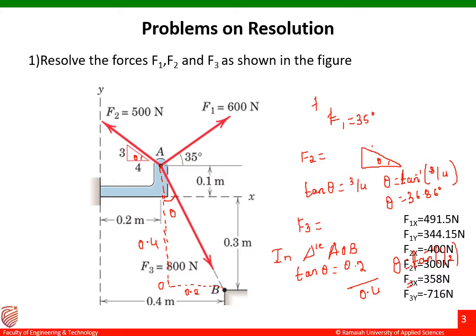You will get the answer for theta as 26.56 degrees. Now we have found all the angles made by the forces F1, F2 and F3.